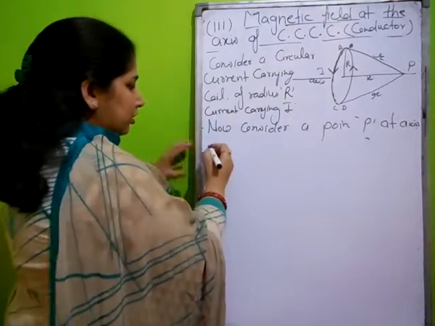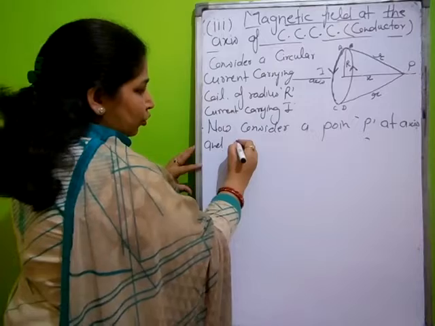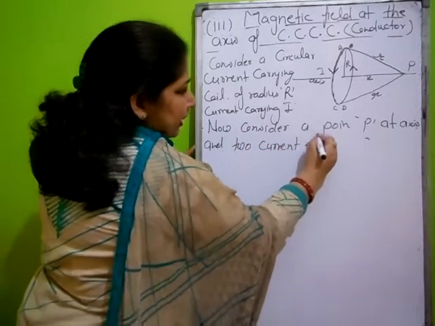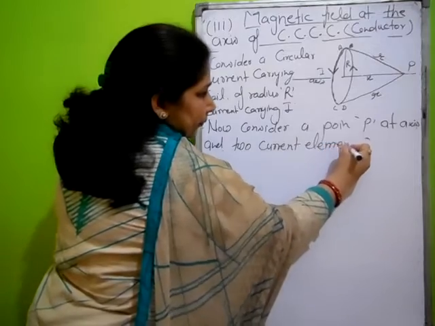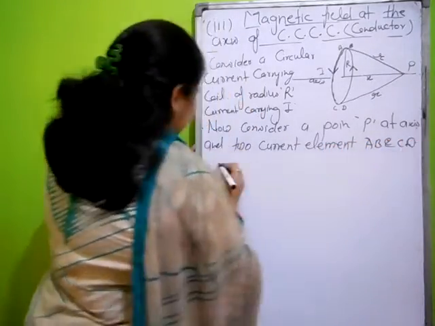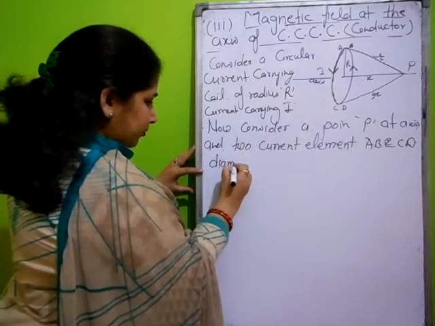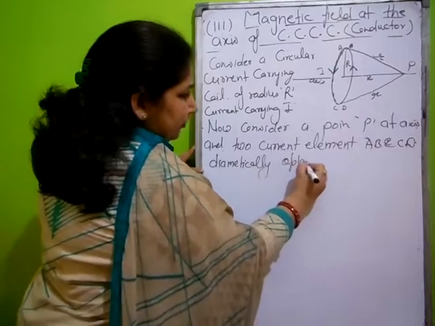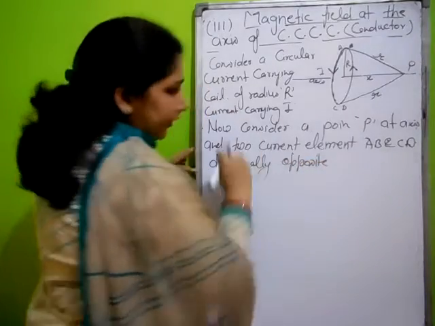Now we will consider two current elements AB and CD, diametrically opposite. Got it?